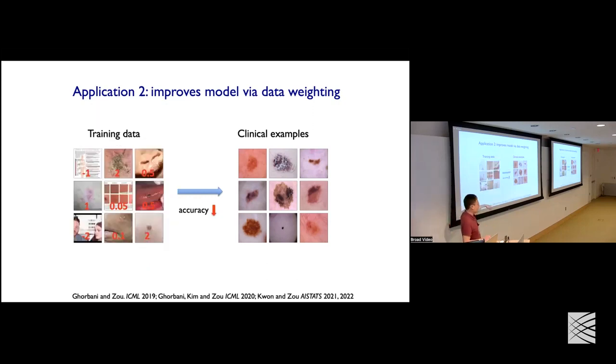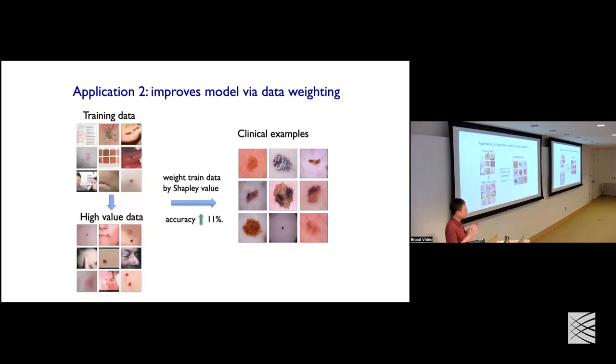That would be a natural way to encourage the model to pay more attention to data points that we've learned tend to be more informative or have higher quality annotation. And it turns out that if you take the same data set and the same model and retrain it on this weighted data set, where the weights come from the Shapley scores, you can immediately get much better performance in the deployment setting.